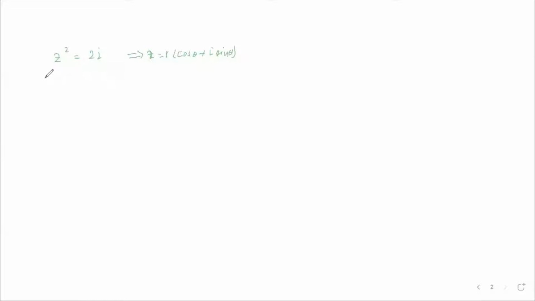Okay, the formula of this one, we have z subscript k equal to, in the shortcut, the nth root of r, and then the whole thing: cosine of theta plus 2k pi over n, and then plus i sine of theta plus 2k pi over n, and then close.